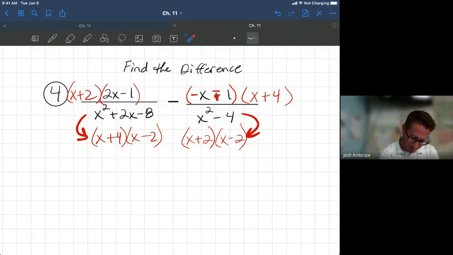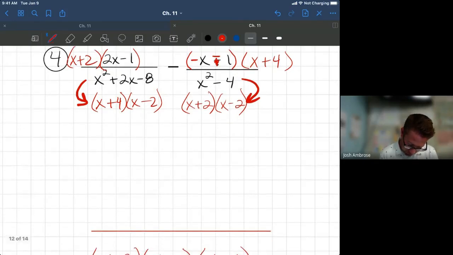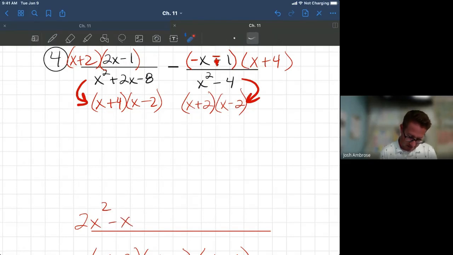All right. This right here, when you multiply it, you're going to have x times 2x, giving you 2x squared. Then you're going to have x times -1, giving you -x. Then 2 times 2x, giving you a positive 4x.